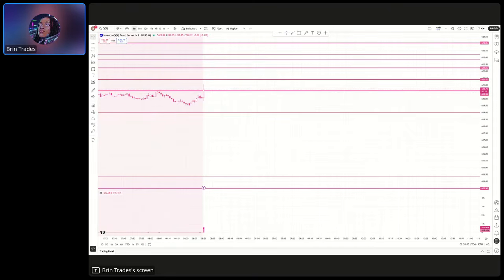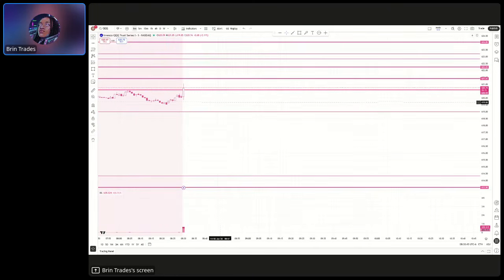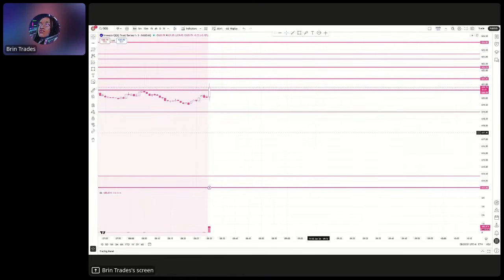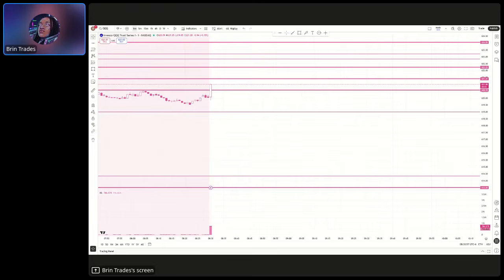This huge gap is crazy. So price opened up and entered our first price target. A lot of sellers, but there's also a lot of buyers. If price is going to continue to the upside, I'll be looking for 622 calls.